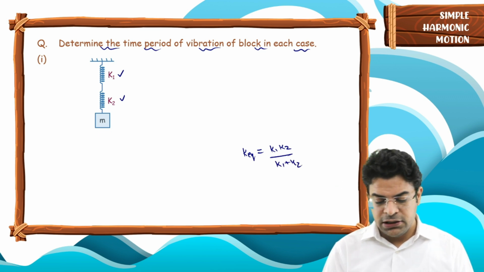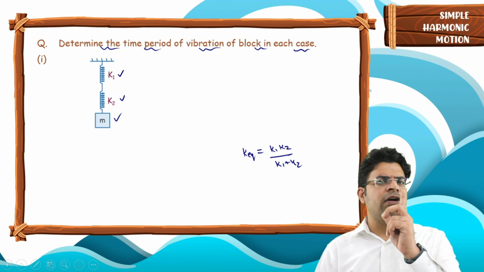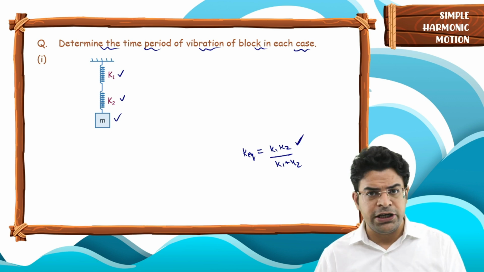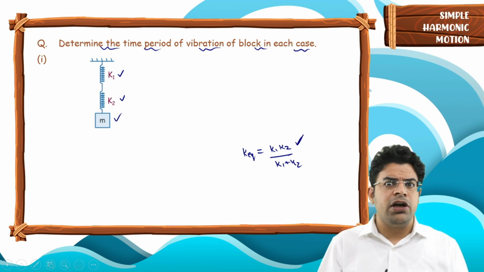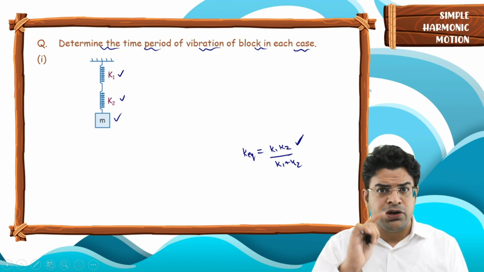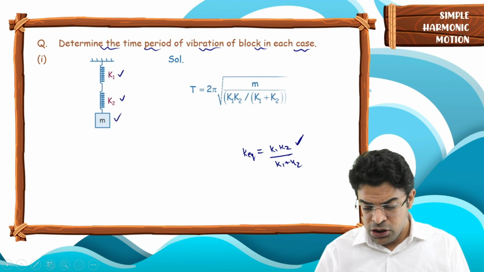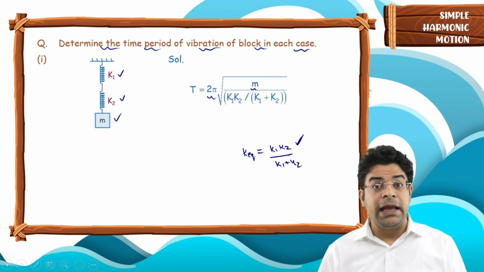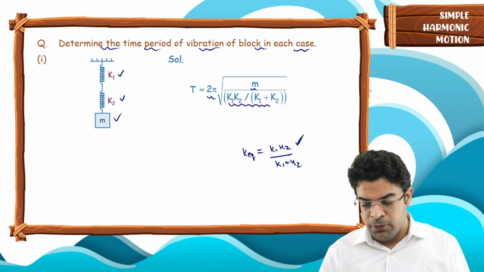So I can think this block is connected to a single spring of spring constant K1 K2 upon K1 plus K2. So from the formula time period equals to 2 pi under root m by k, I will say that the time period of vibration of this particular block will be equals to 2 pi under root m by k equivalent, which is K1 K2 upon K1 plus K2.